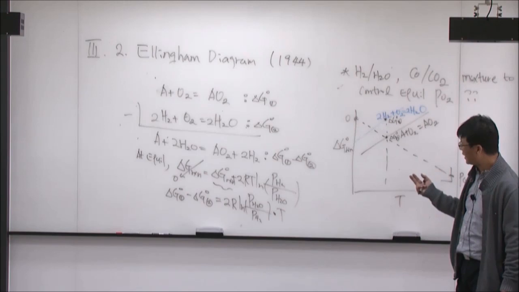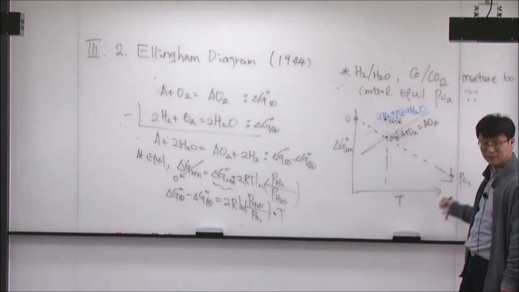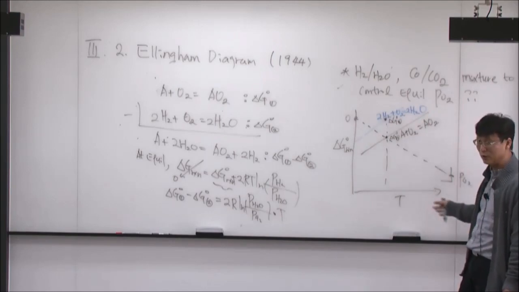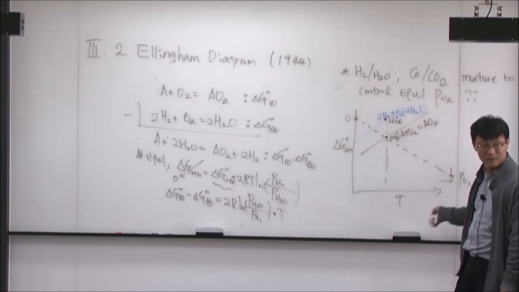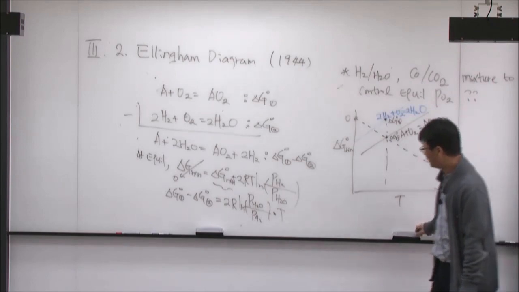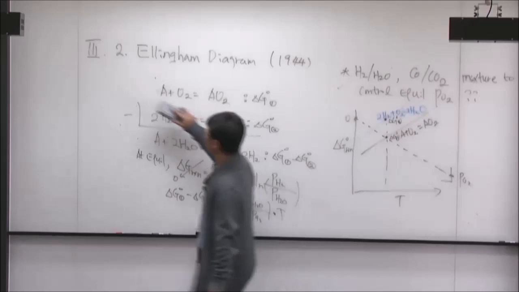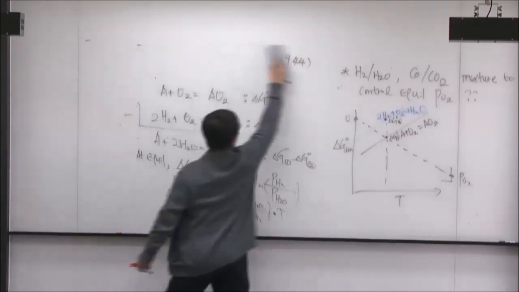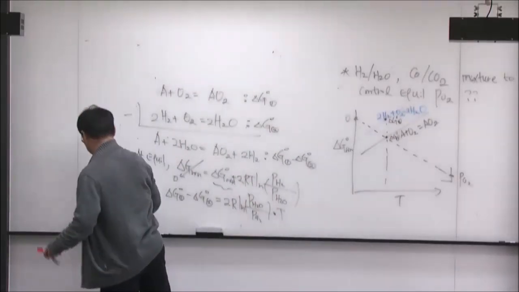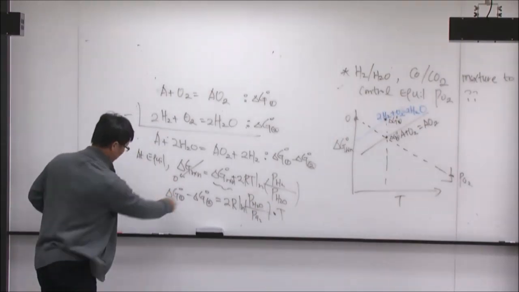Now, is there any way I can represent this in this graph? Can I make some scale to show the H2/H2O ratio here? That was the question. So let's change this form a little bit different way.